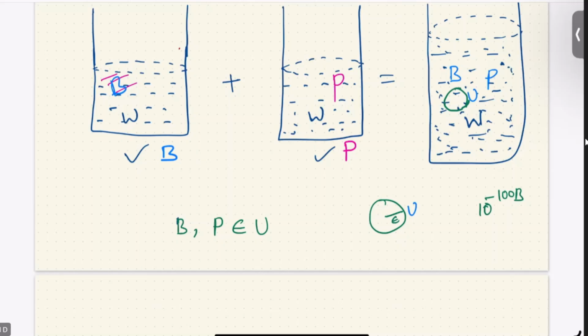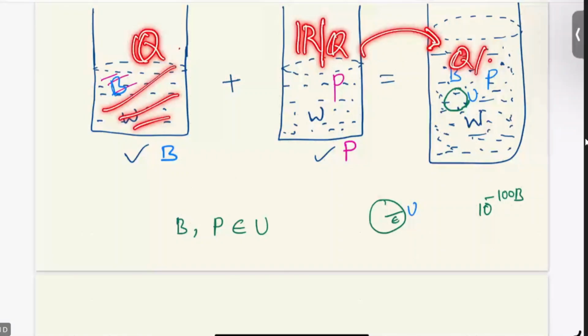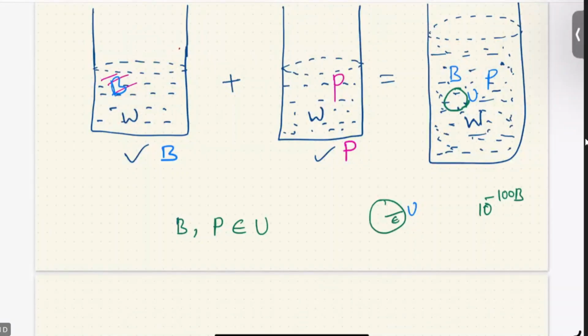But of course, here the scenario is not the same. But for the argument's sake, for mathematical sense, we can say, if we are thinking of these as rational numbers, and these as irrational numbers, when you mix them, both Q and R, they are mixed up and ordered, because here the liquid is an unordered set.